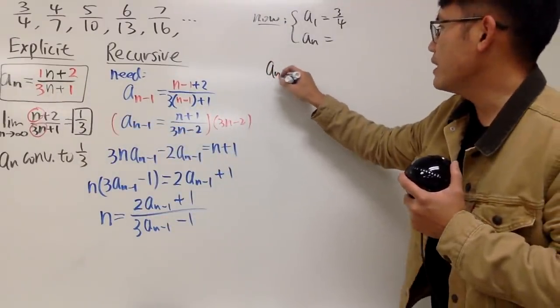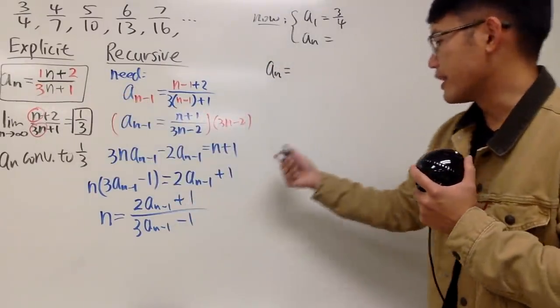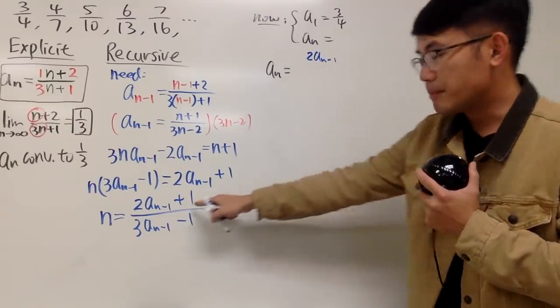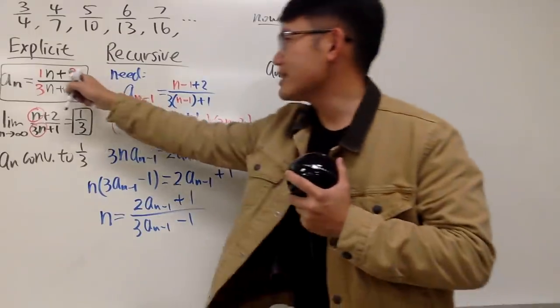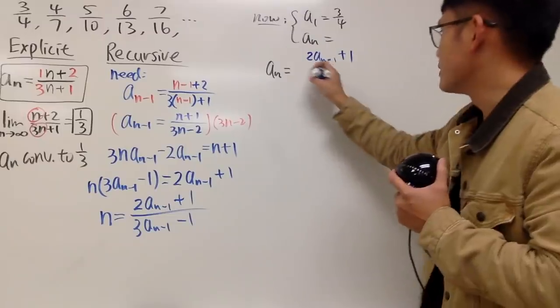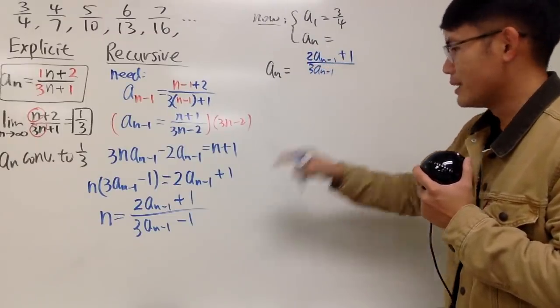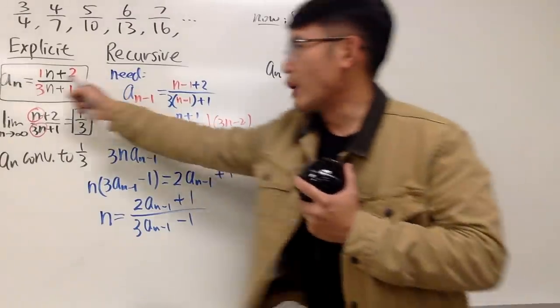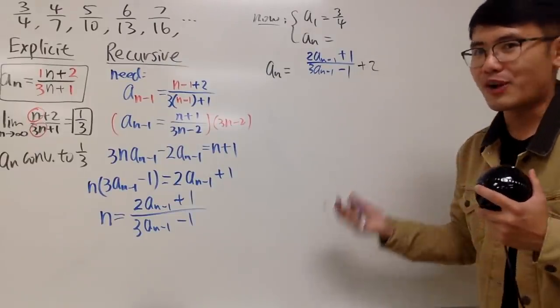We see that an is equal to, this is just n, so we just write that down, which is going to be 2an minus 1 and then plus 1. And we add, well, we'll still have to divide, so we still divide this by that, which is 3an minus 1 minus 1, right? This is n right here, and then we add 2 to it. And we get a complex fraction, okay?